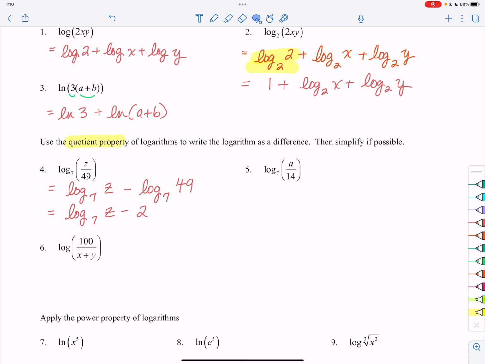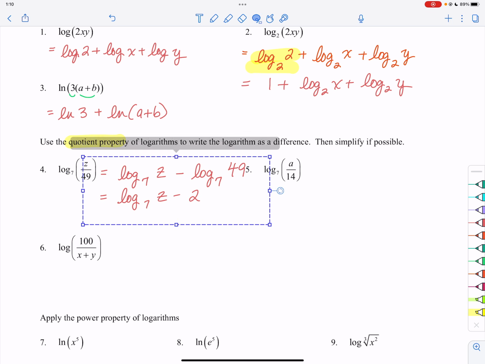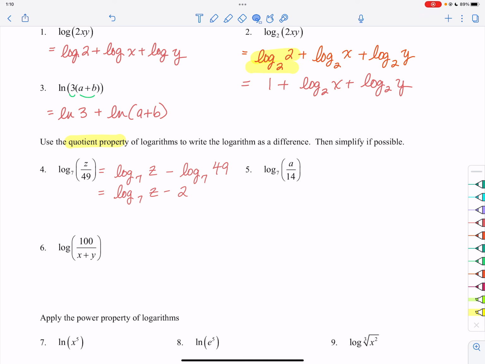Okay, looking at number 5, we have the log base 7 of a divided by 14. I can move these over here. And we have the log of a quotient, so now we have the difference of logs. Now, this is asking what power is 7 raised to come up with 14, and there is none.